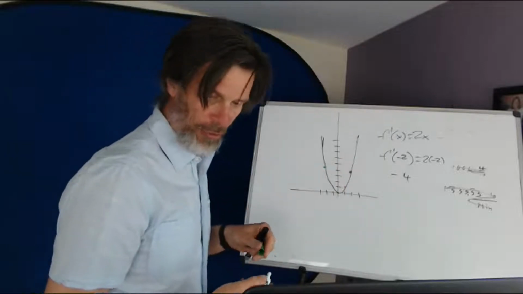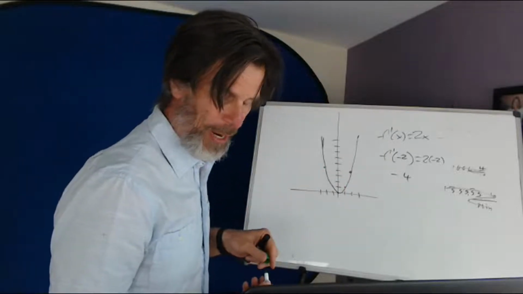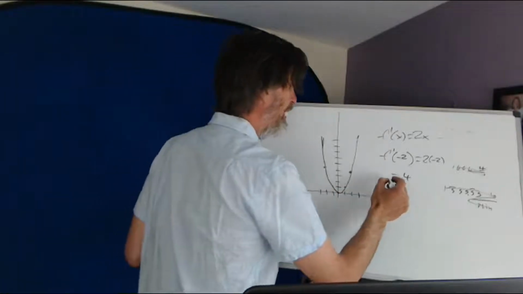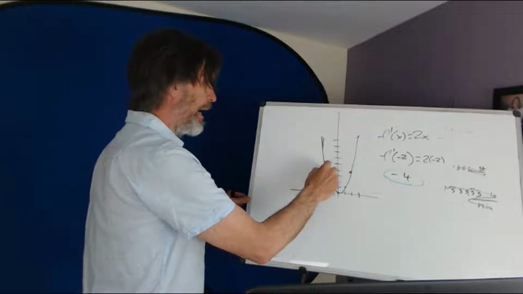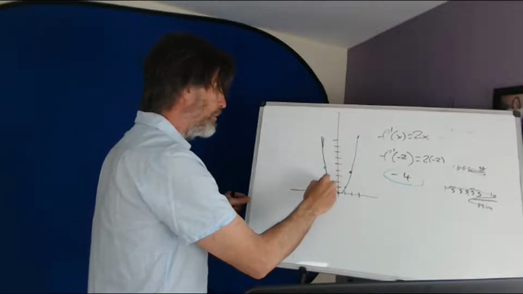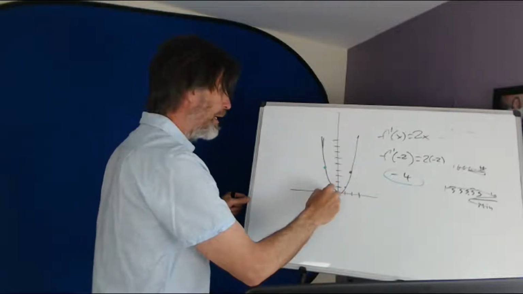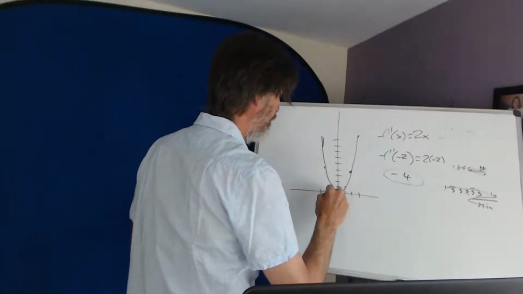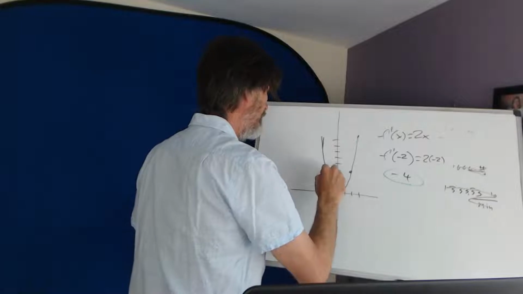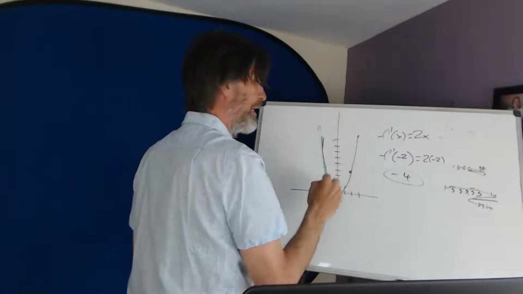So I want the graph at x equal to -2. So there's ordered pair (-2, 4). Now I'm going to use the fact that the slope is -4 to come up with a second point. I go down 4 points, 1, 2, 3, 4, over 1. There's the next one. Grab out my straightedge and draw that tangent line right there.